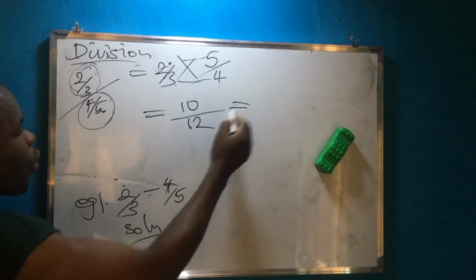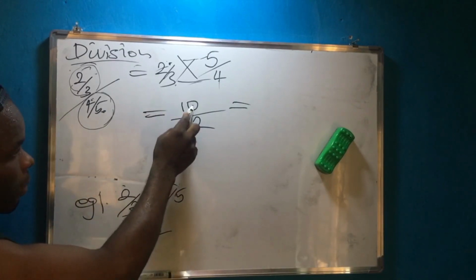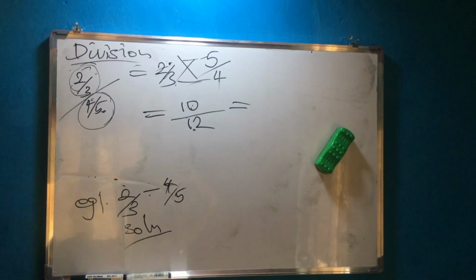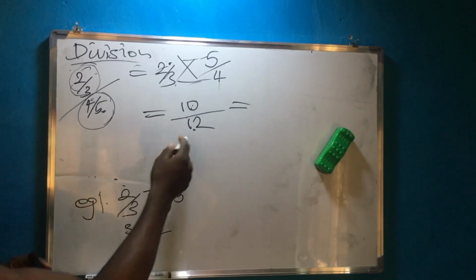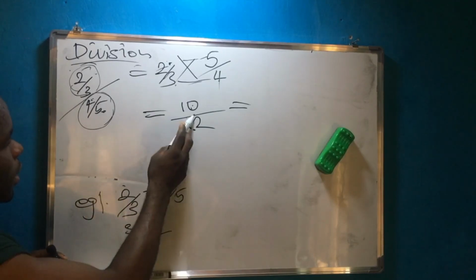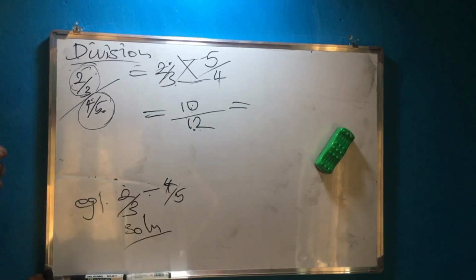And this is equal to, because the numerator 10 and the denominator 12 still have a common factor, you can still divide them further to simplify the fraction. Watch out for this 10. What does 10 have that 12 also has?